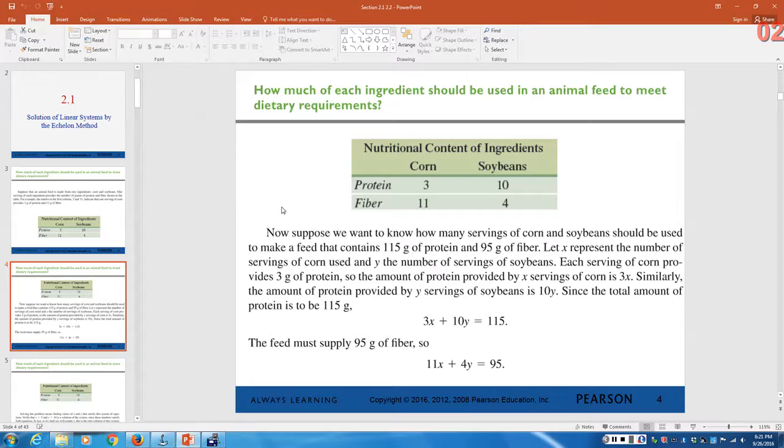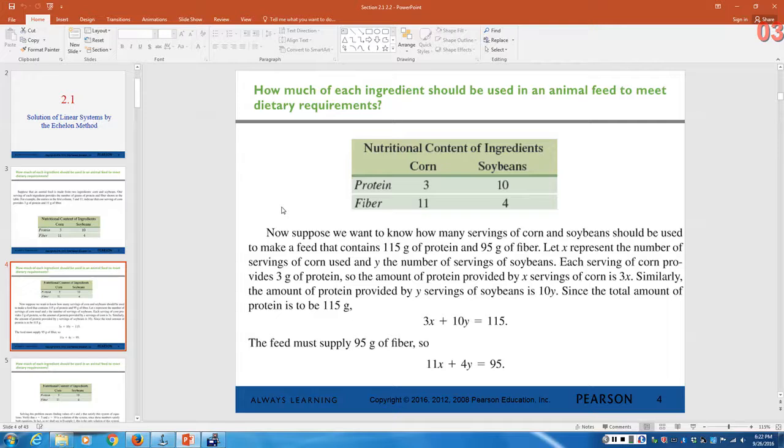So what we want to know is how many servings of corn and soybeans should be used to make a feed that contains 115 grams of protein and 95 grams of fiber. And we're going to let X be the number of servings of corn, and Y is going to be the number of servings of the soybeans.